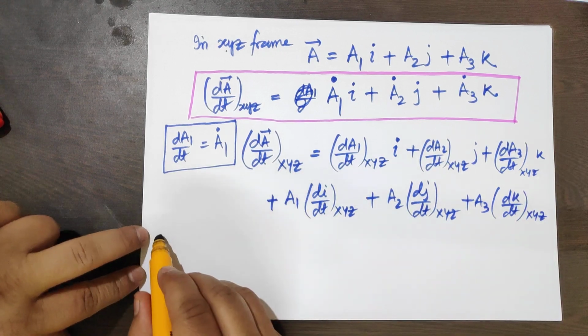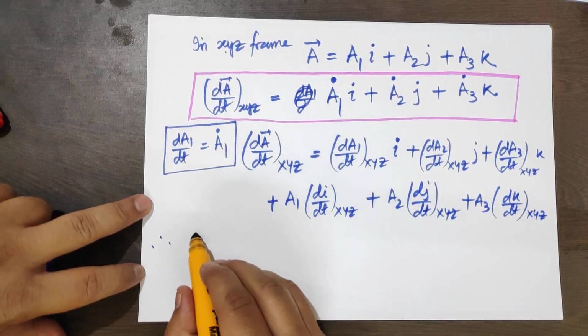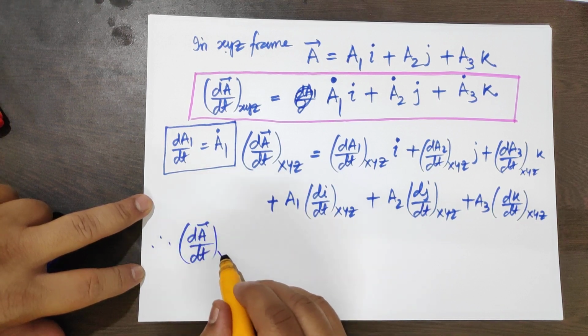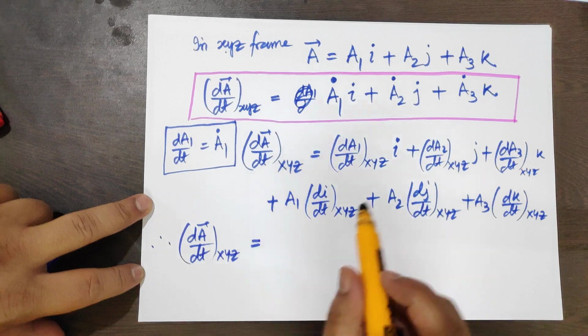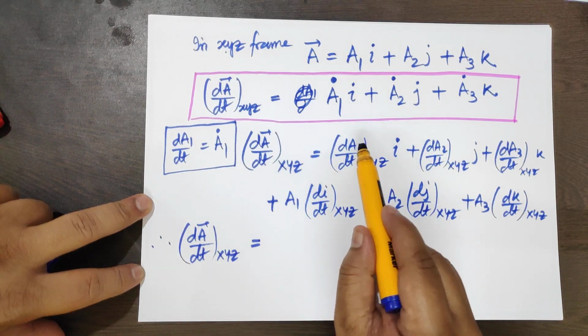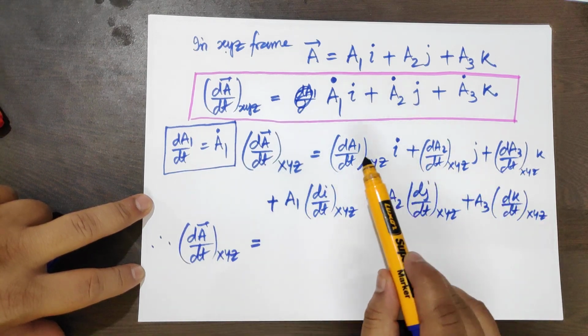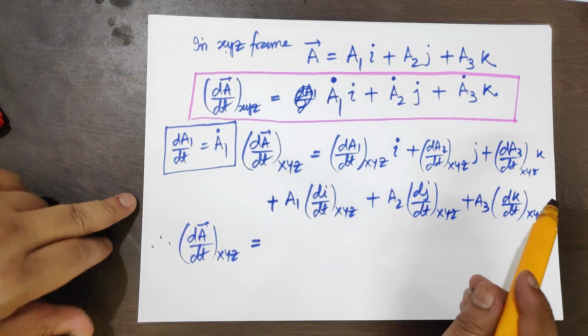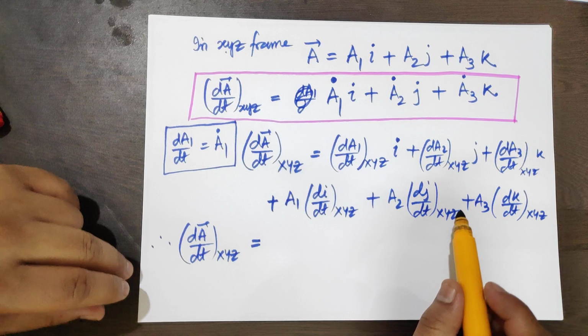Therefore dA/dt with respect to capital XYZ, see, a1 is the magnitude only, so magnitude changes in the same way with respect to the two frames.